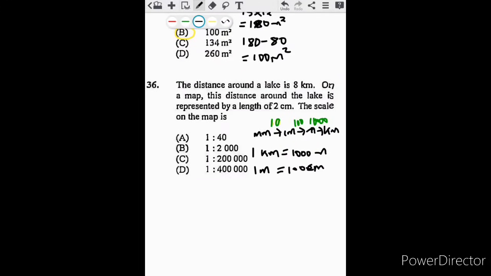And then 1 kilometer would be equivalent to 100,000 centimeters, which is the 100 from the centimeters to meters, and then the 1000 from meters to kilometers, yeah?